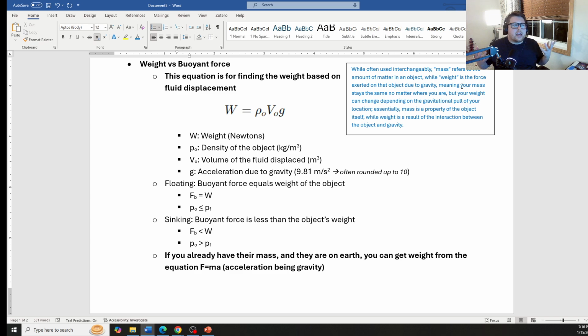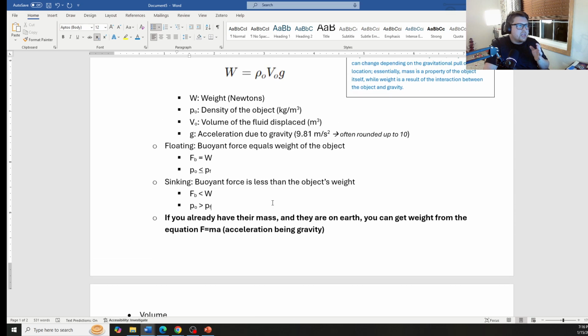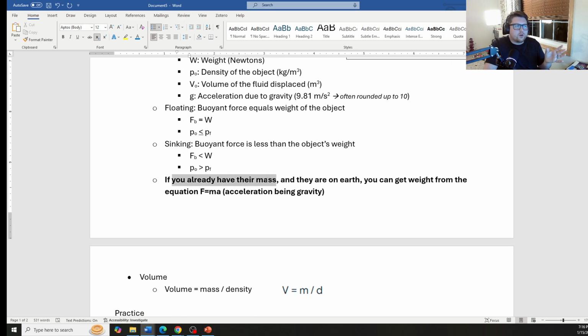Mass is a constant. You always take up the same amount of space no matter where you are. So that's a little nitpicky thing, but if you get asked it, that's the explanation. If you already have the mass of whatever you're using, you can automatically get the weight.